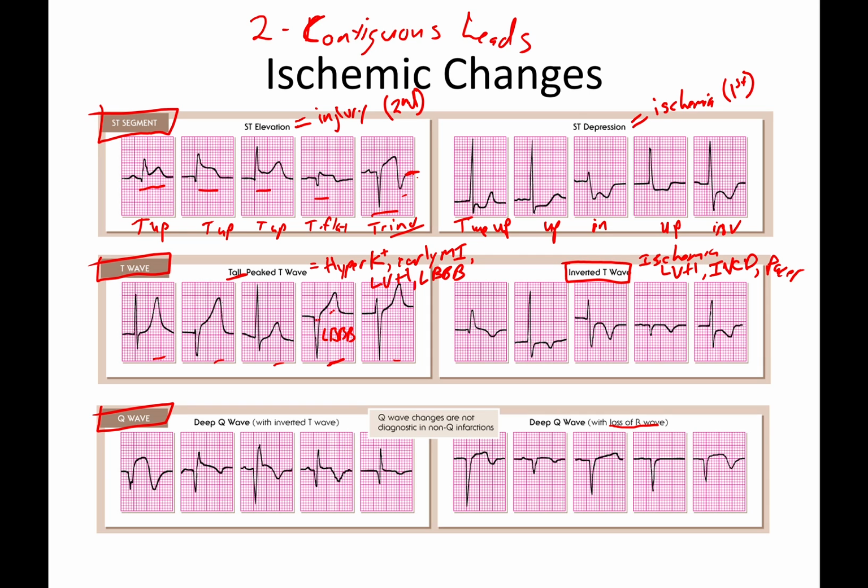So with the deep Q wave and inverted T, what we're looking at is probably a previous MI. Whereas if you have the loss of the R wave, it's likely an active progressing MI that you're dealing with here.